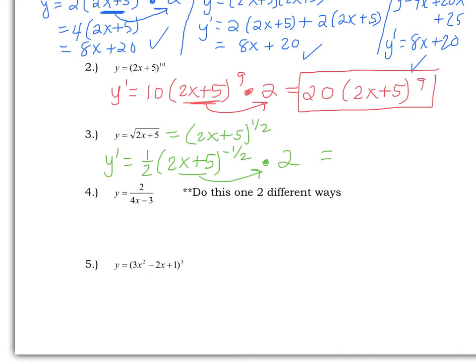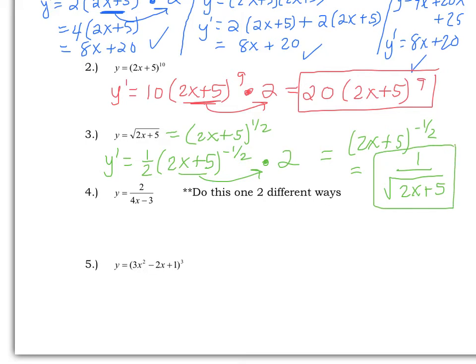Well, that 1/2 and that 2 will give us 1. We're left with 2x plus 5 to the negative 1/2, which is the same as 1 over 2x plus 5 to the positive 1/2, which is really the square root of that. So if this is on AP and it's a multiple choice question, odds are you'll see it in that form.